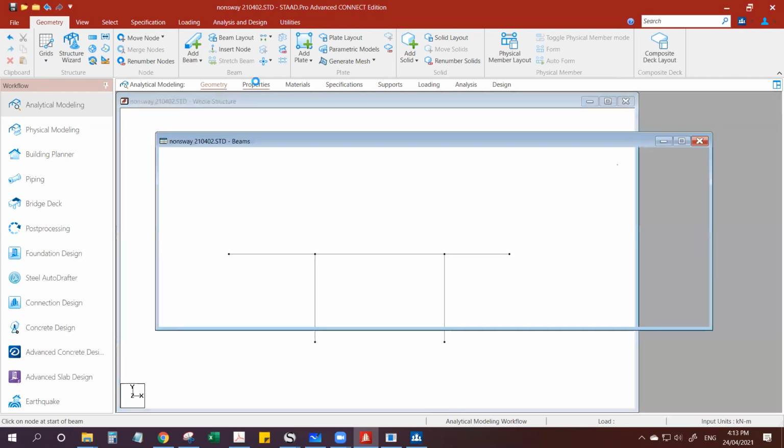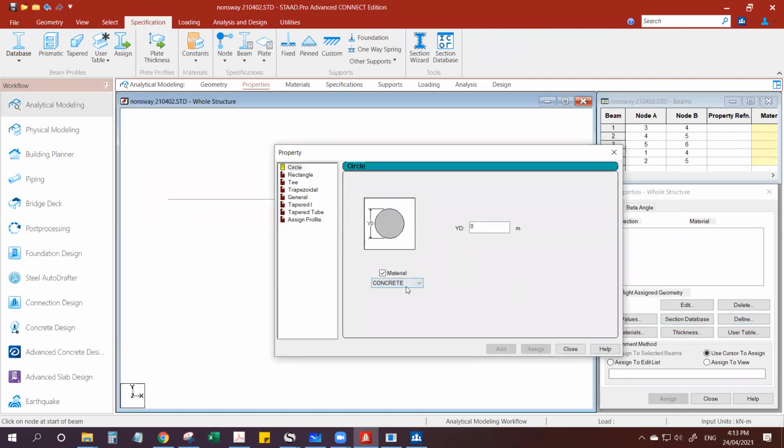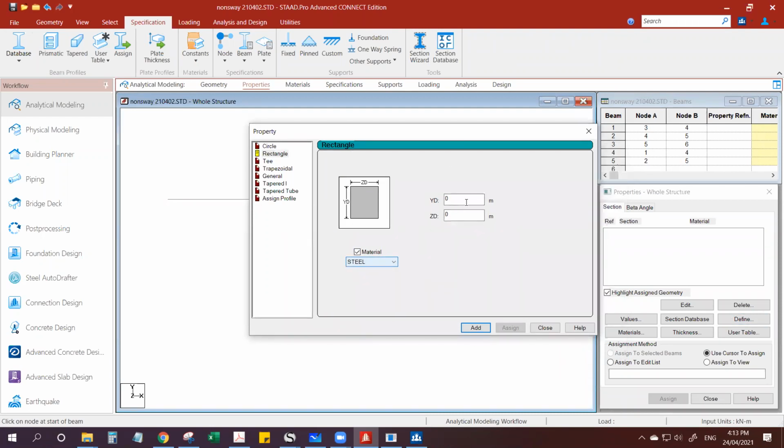Okay, and then properties, define. Just make this steel. I think we assume modulus of elasticity 200, right? Y point, let's say 0.5 by 0.3.